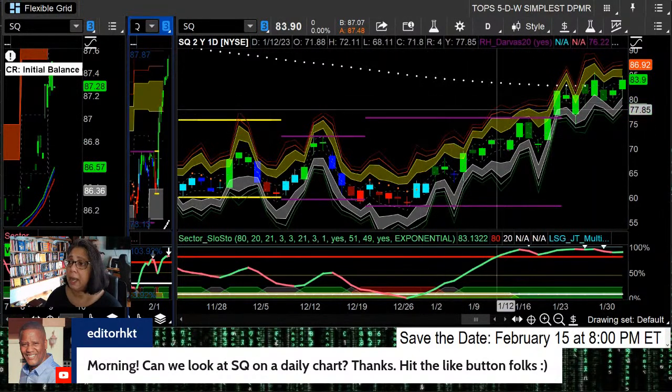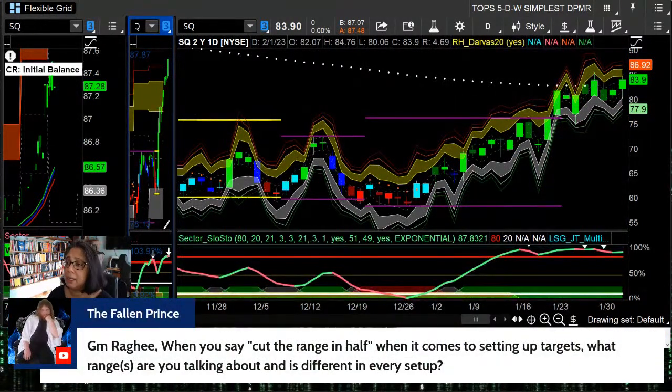All right, next up, hey there, Prince. When I say cut the range in half when it comes to setting up targets, what range am I talking about? It depends on the setup. What we're cutting in half could be anything from the last major move. It could be Darvis. It could be HPMR. It could be DPMR.